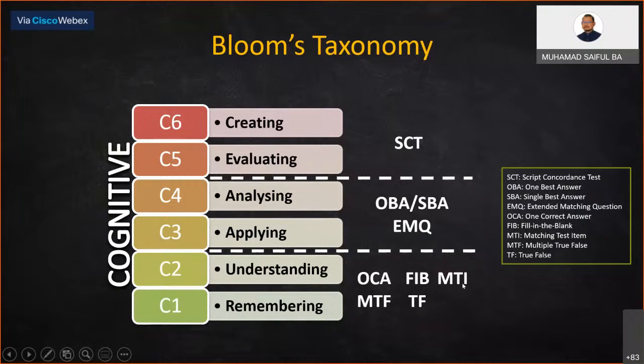So these are five forms of objective assessment we can use to assess C1 and C2. Under C3 and C4, we have two main types, which are one best answer or single best answer, which are interchangeable names, and extended matching questions. And for C5 and C6, we use the script concordance test.